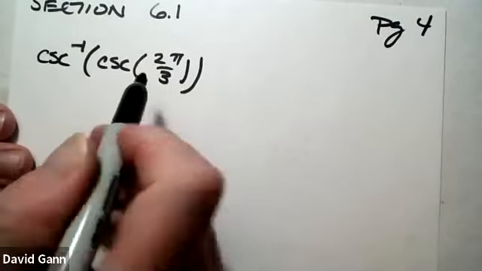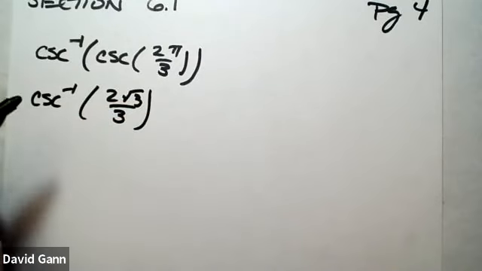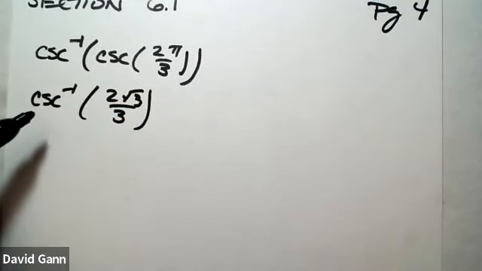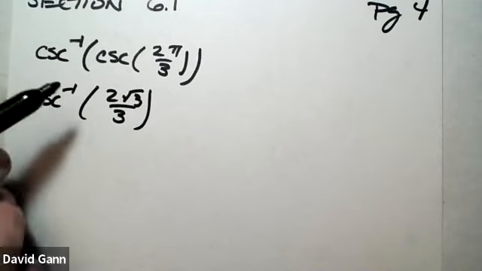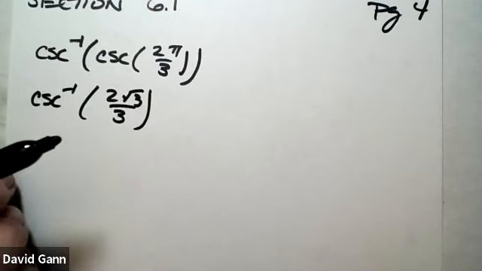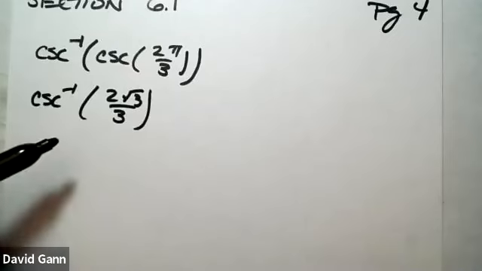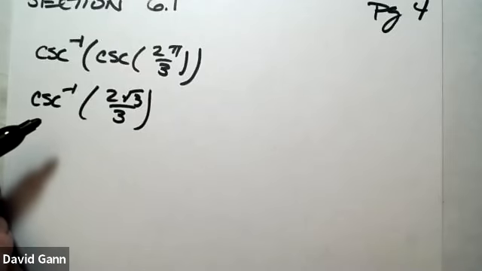If you look at cosecant of 2 pi over 3, that reduces down to 2 root 3 over 3. That's the exact value. Then you ask yourself, what is the range on inverse cosecant? It's either an angle in quadrant 1 or an angle in quadrant 4, and the one value that's not allowed is the quadrant angle 0.